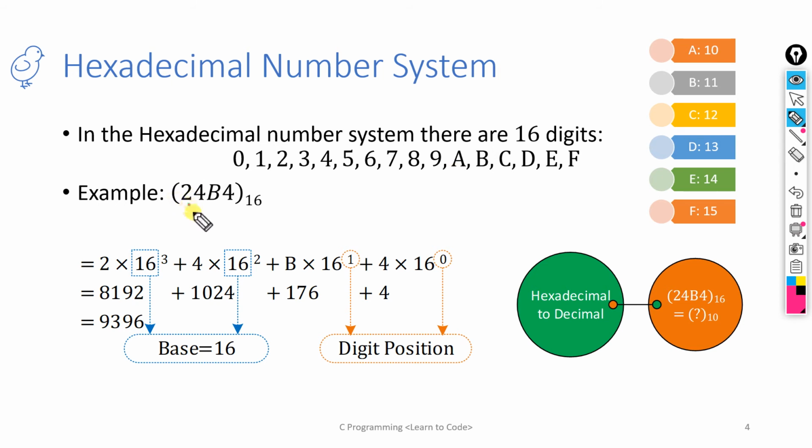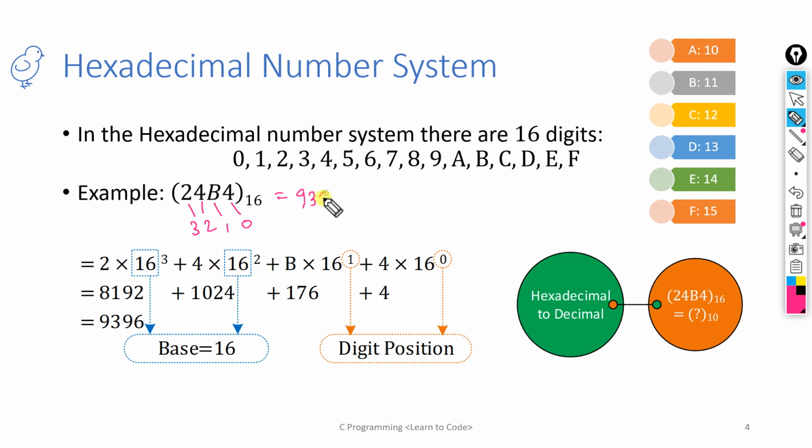So this is your zeroth position, this is 1, this is 2, and this is your third position. So you have to multiply 2 into 16 to the power 3. 16 is the base and 3 is your position. Similarly 4 into 16 to the power 2. Similarly B into 16 to the power 1, then 4 into 16 to the power 0. So when you perform this operation, you will get 9396.